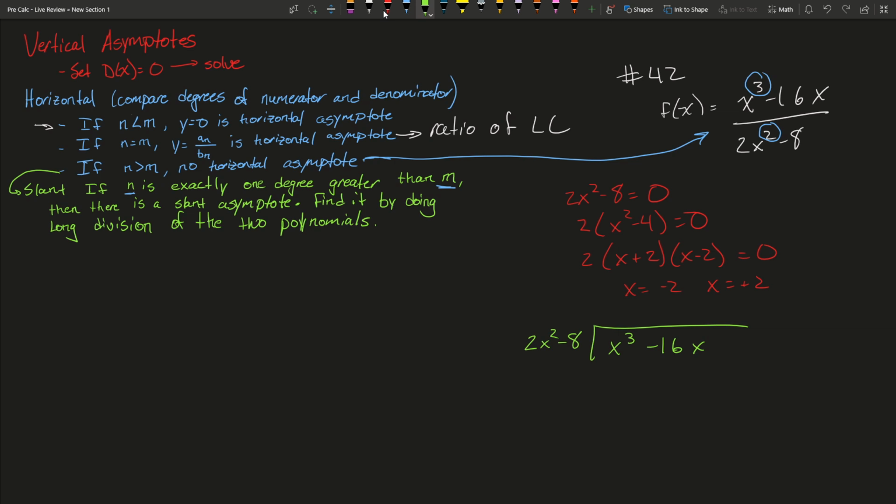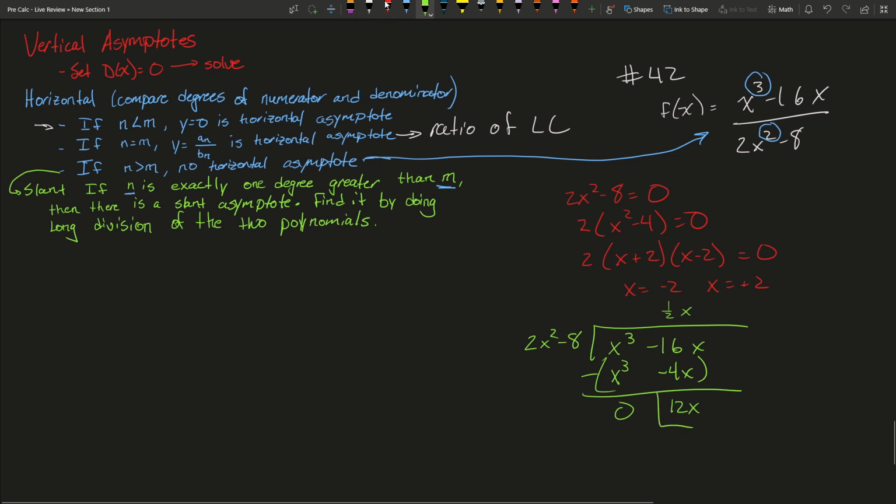That would be 1/2 x, because 1/2 x times 2x squared would give you x cubed. So then we get x cubed minus 4x. We subtract. When we do that, we get 0, and then -16x plus 4x is 12x. And then that's our remainder.